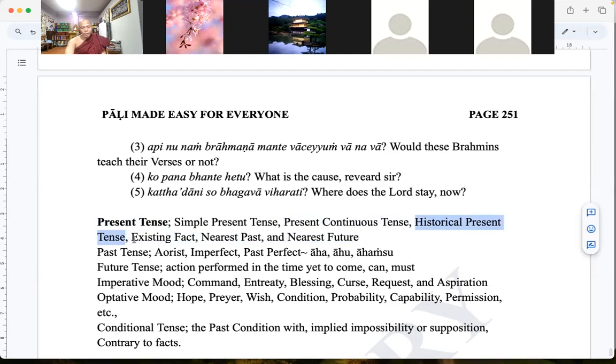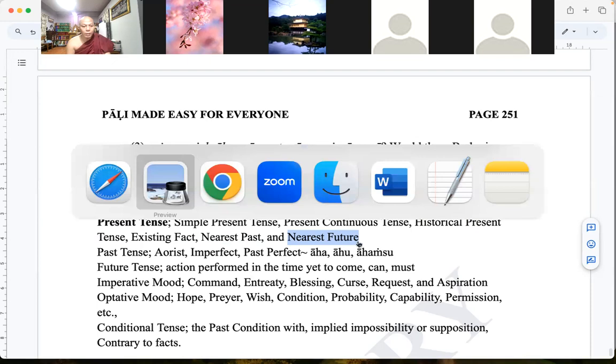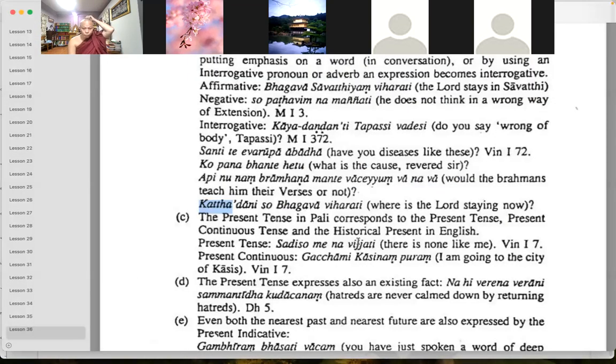And then existing fact, and then nearest past and nearest future. Even though they are future tense or past tense, maybe very soon it happened, or very soon it will happen. At that time also, instead of the future or the past, present tense can be used. So nearest past or nearest future.